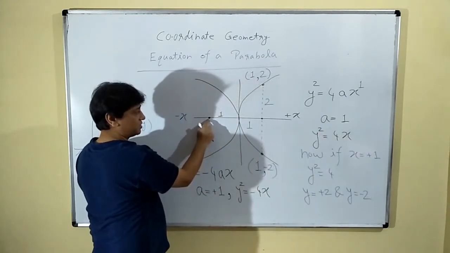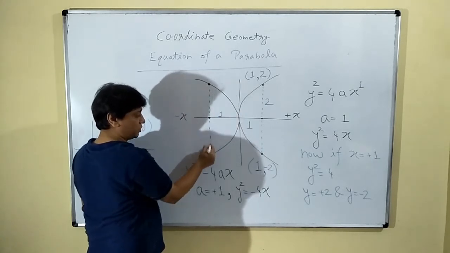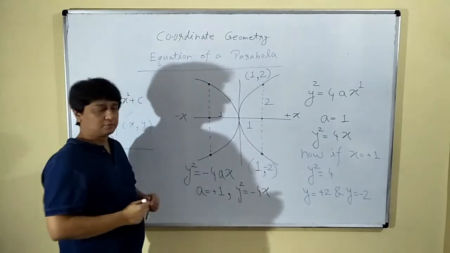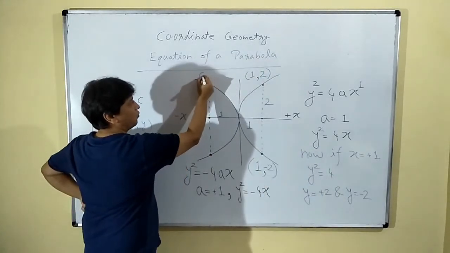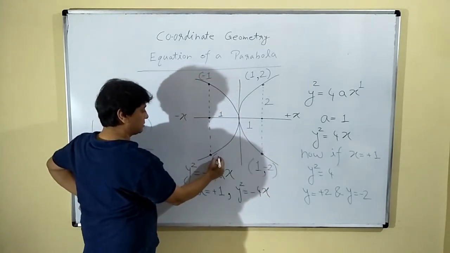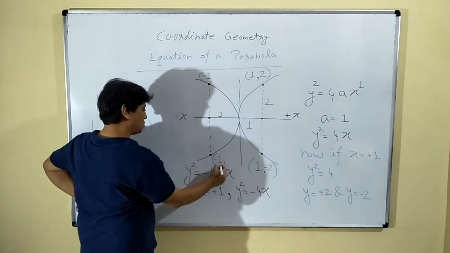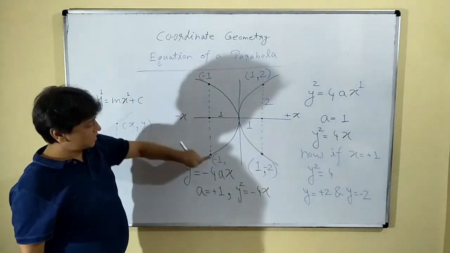But at this point, if you reach this position or you reach this position, your x coordinate will be minus 1. Minus 1 and minus 1.